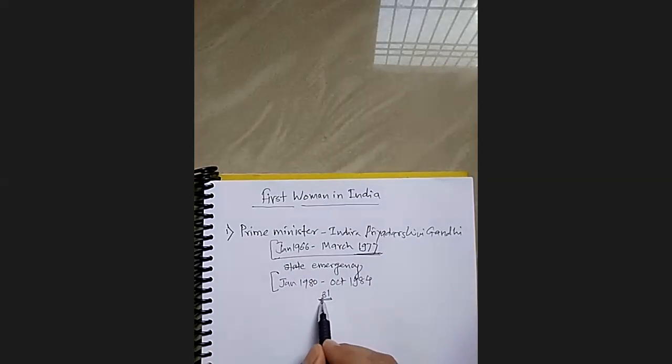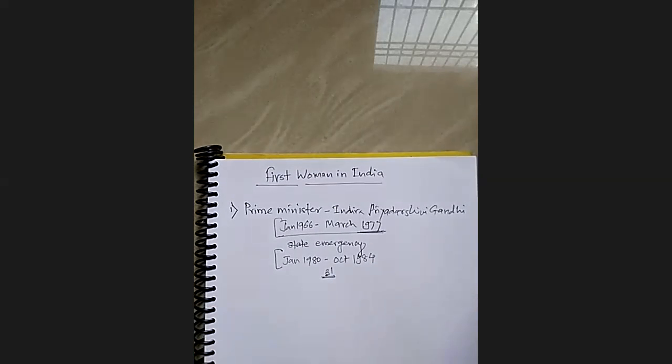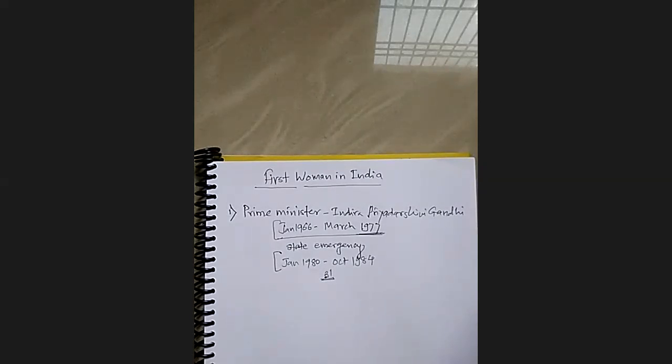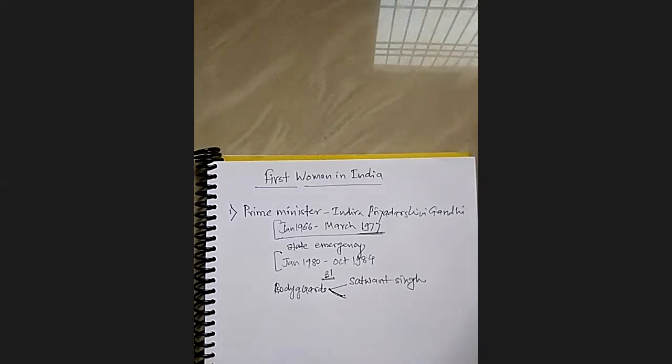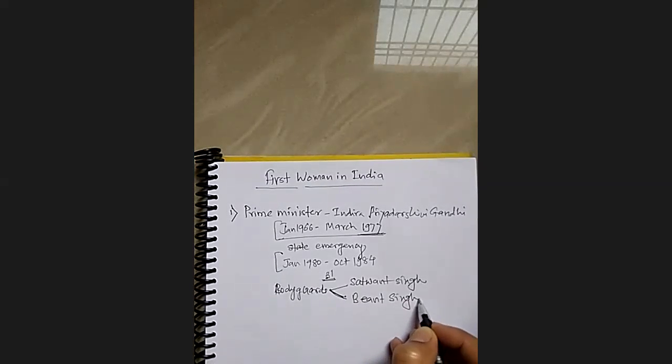On this date, 31st October 1984, she was assassinated by her own bodyguards, right? I think there were three, but only two actually carried out the assassination. The first one is Satwant Singh, who was shot dead on the spot, and the second is Beant Singh, who was later on hanged for the assassination of India's Prime Minister.